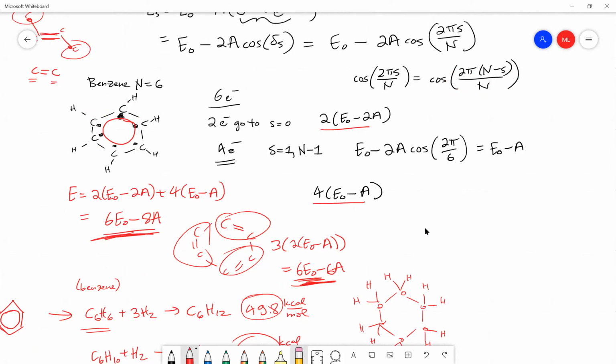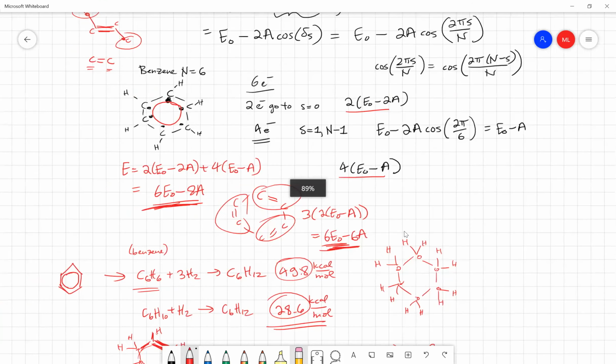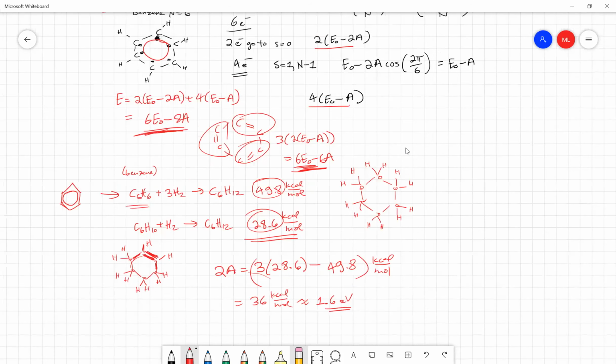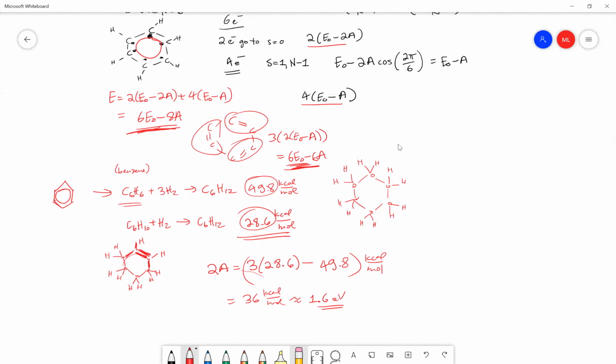For those of you, I assume most of you haven't taken many chemistry classes, but if you ever do, you'll see that this very simple quantum mechanical model can actually explain a lot of the stuff that's going on there.